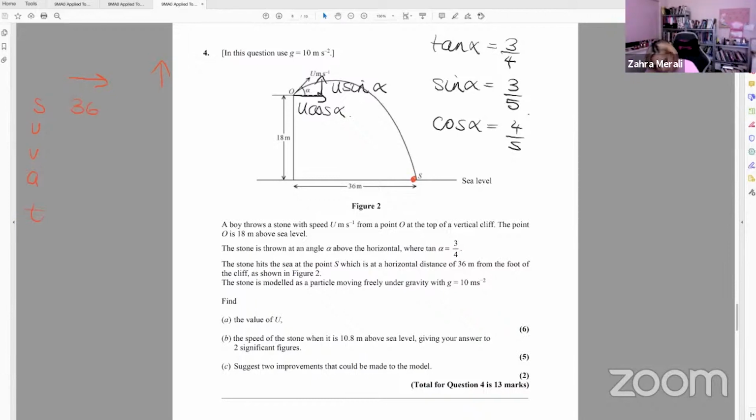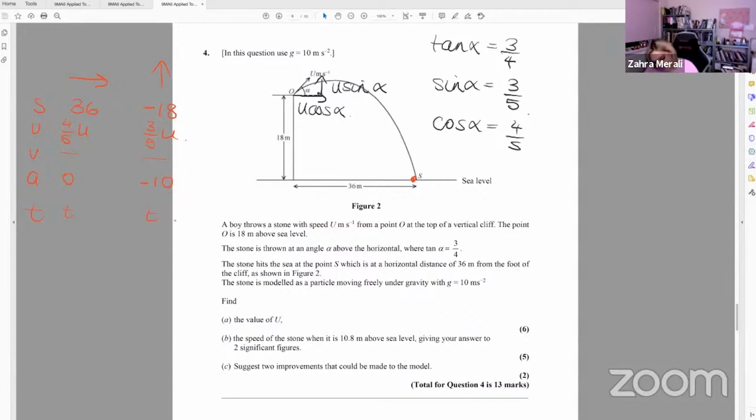So that's going to be 36, and that's going to be minus 18 if we consider where the starting point is. We're going to have u cos alpha, which is 4/5 u, and u sine alpha, 3/5 u. The other one doesn't matter in this case, 0. They told us g is 10. And that's going to be t, and that's going to be t.